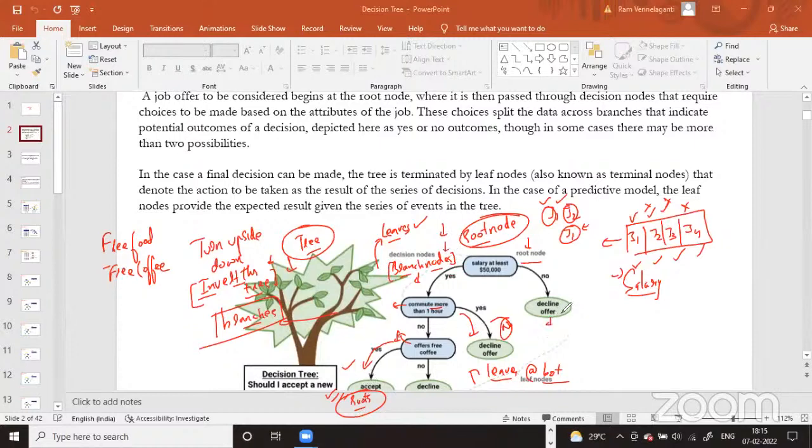And whether I'm going to accept the offer or not accept the offer, I'm going to call them my leaf nodes. So these are the 3 parts of your decision tree: the root node, the branch nodes, and the leaf nodes. In this manner, our job is to construct this kind of decision tree, and using it we should be in a position to take some business decisions.